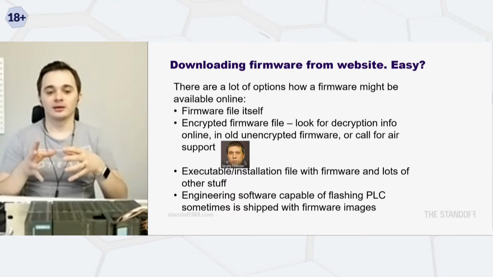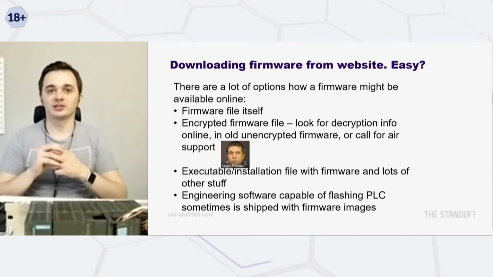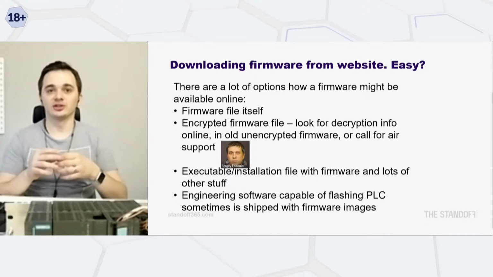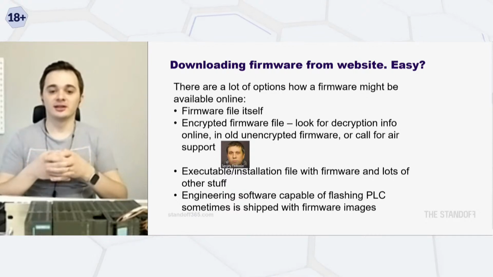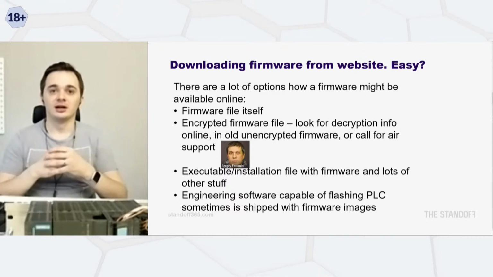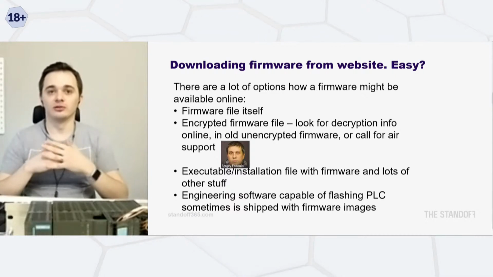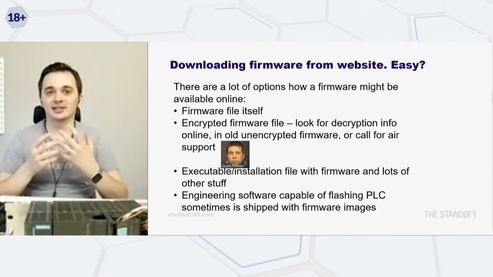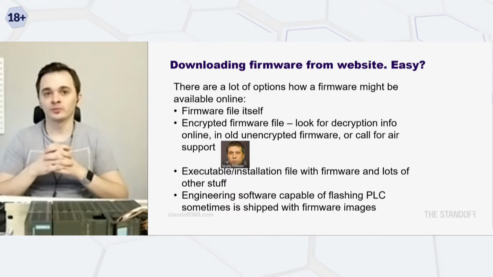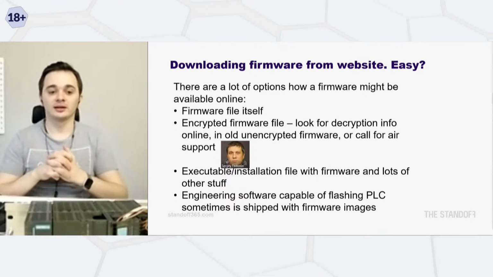If that's not available, sometimes the hardware vendor would be publishing unencrypted firmware, and only later the vendor decided to encrypt it. So if you manage to get hold of the old unencrypted firmware, it is highly probable that you will be able to find there the necessary functionality that will enable you to decrypt the current firmware version.